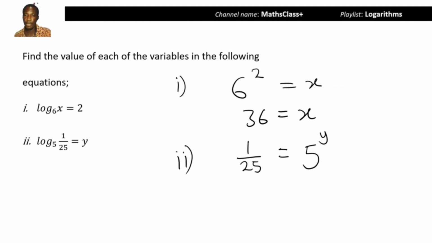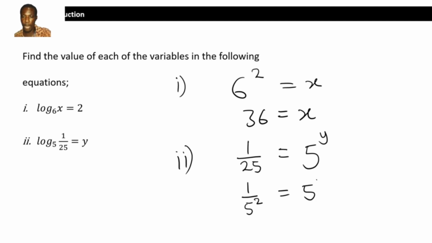So if you remember how we solve exponential equations, then here we can say that 1 over 25 is the same as 1 over 5 to the power 2, and is equal to 5 to the power y.